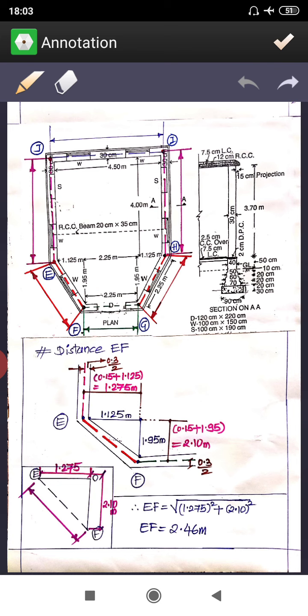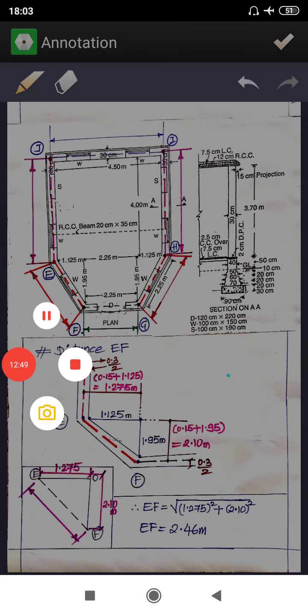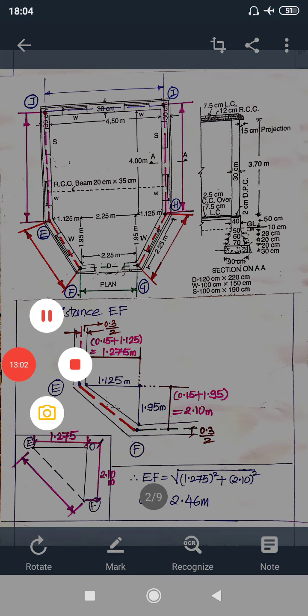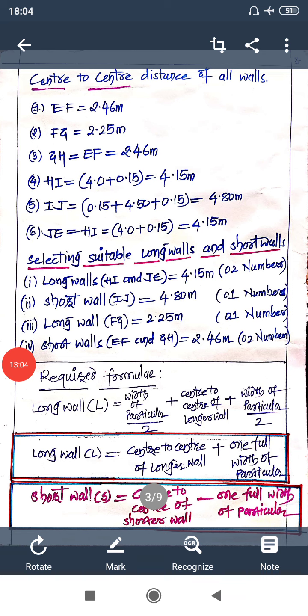So this is my criteria by which I'll be further continuing. Now I am having a clear thought in my mind. How to take long wall and short wall? See, long wall is equal to center of a wall plus one full width. Short wall is equal to center of a wall minus one full width. Here clearly I have written the concept, right?